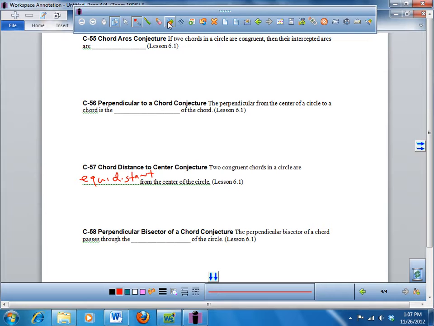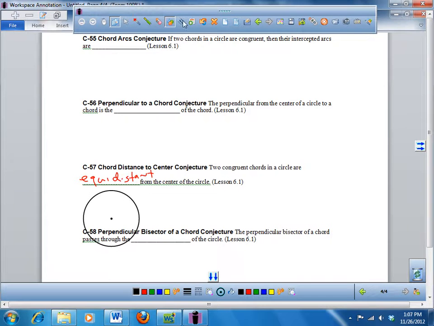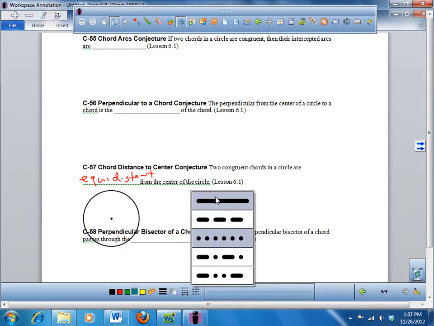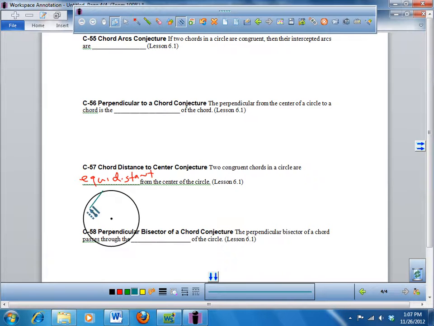So if I were to draw a circle here, and I were to draw two chords that are congruent. Not very good.